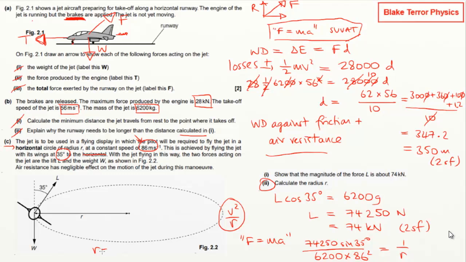So r equals 1077 meters, 1.1 kilometers, again to two significant figures. There we go. So I think the interesting part of that is that bit right at the beginning with what's going on with the brakes and why have we got this resultant force F here going off at an angle. So I think that's the key part to take from all of this.